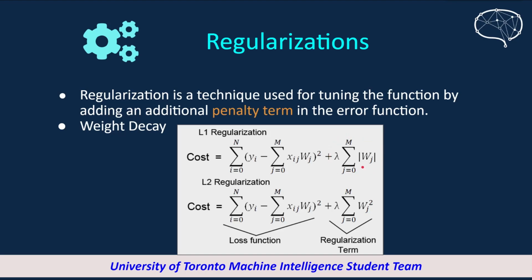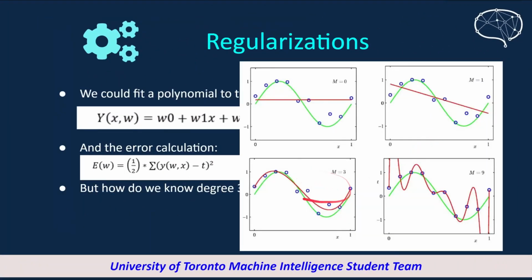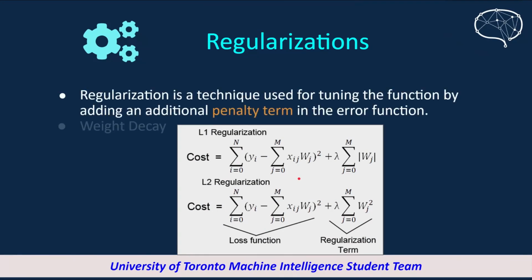So if we only want to have the third degree in this case, you will still have the coefficients for all of the higher degrees, but for example, from the fourth degree to the ninth degree, those coefficients will probably be very, very small, so that you still see a function sort of like a third-degree polynomial, like this. That's the magic of this regularization term in a very simple way.